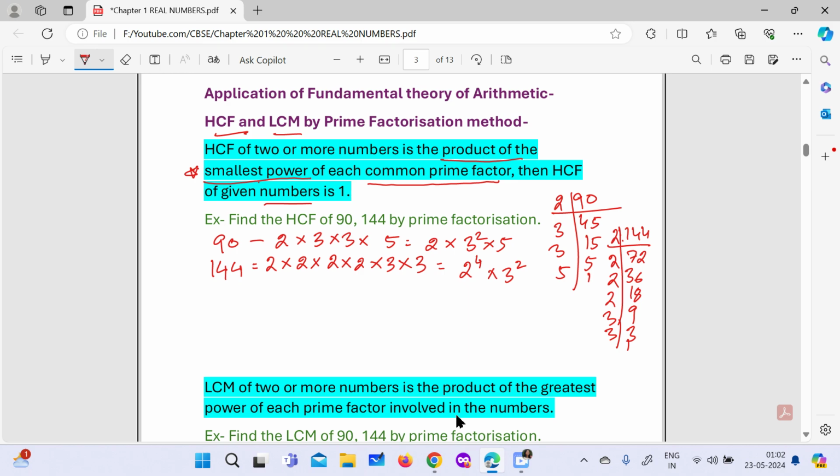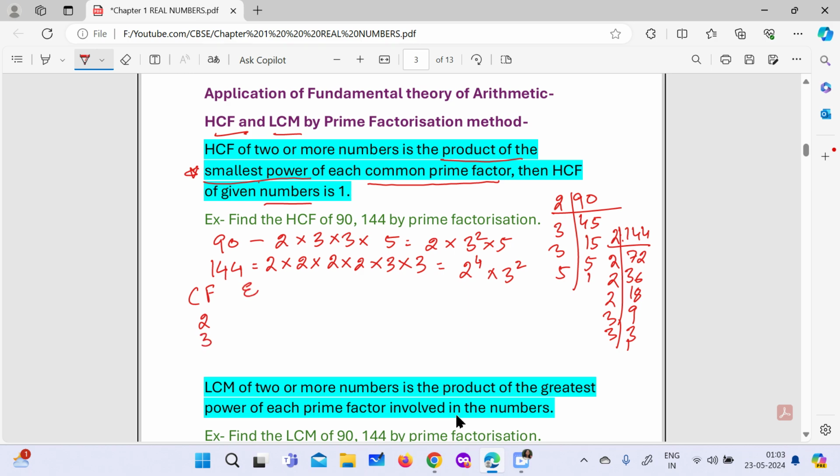Now as per the definition, HCF of two or more numbers is the product of the smallest power of each common prime factor. The common prime factors are 2 and 3. 5 is not there in both; it is only in 90, so we can leave it. This is not a common factor.